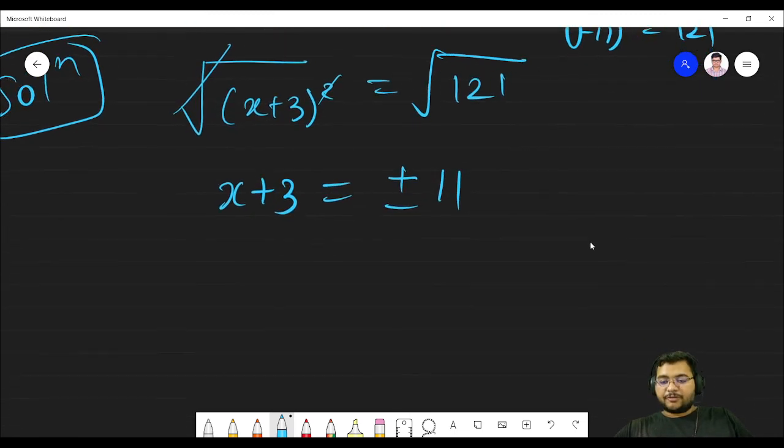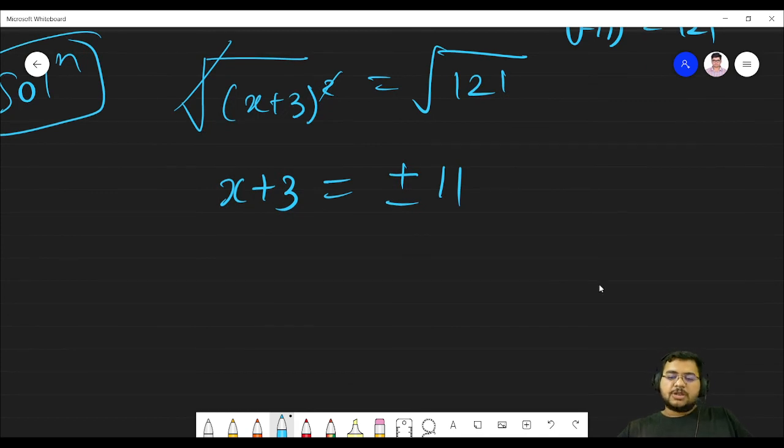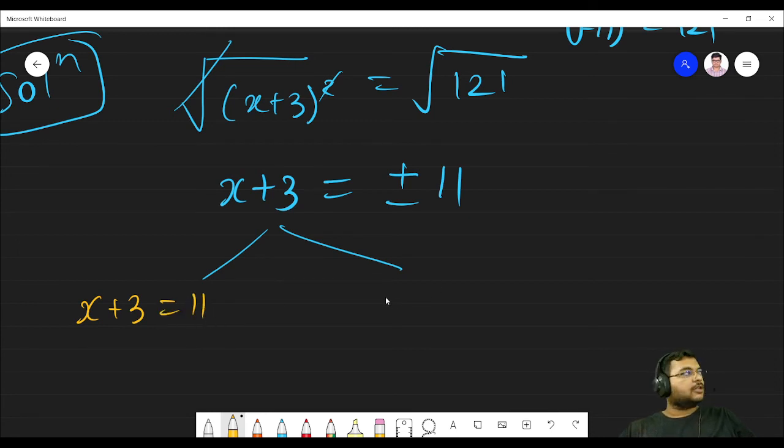Whenever you take the square root of a number, you always get two numbers, a plus and a minus. I can write it in two ways: x + 3 = 11, and x + 3 = -11.